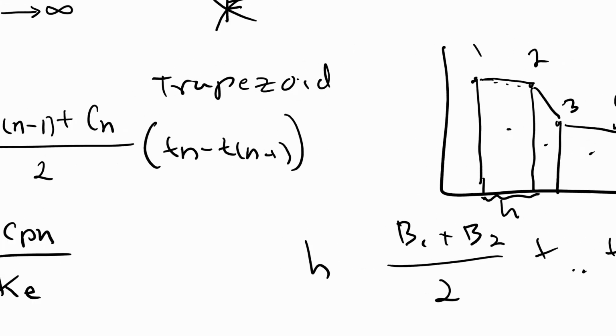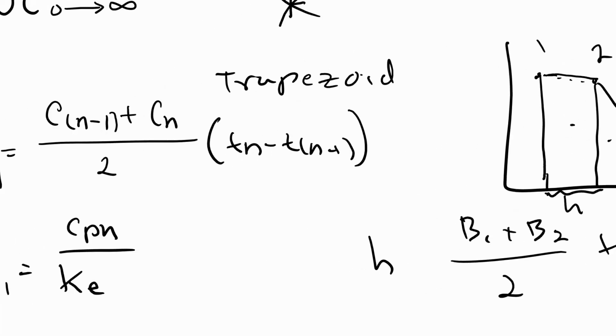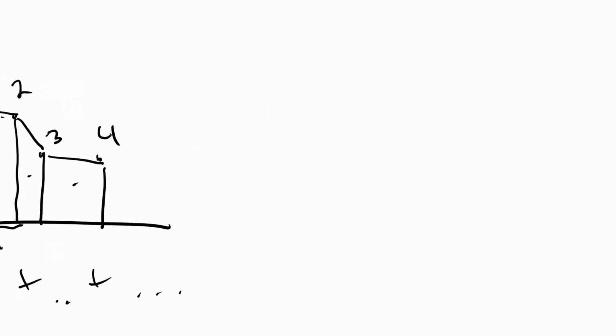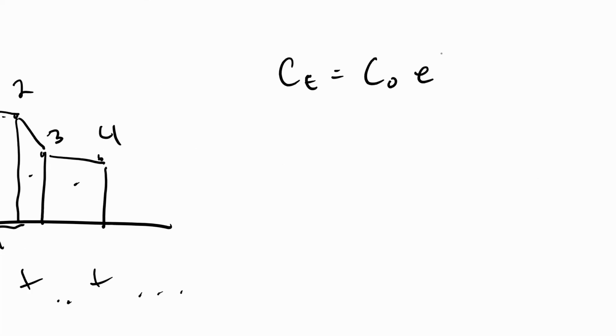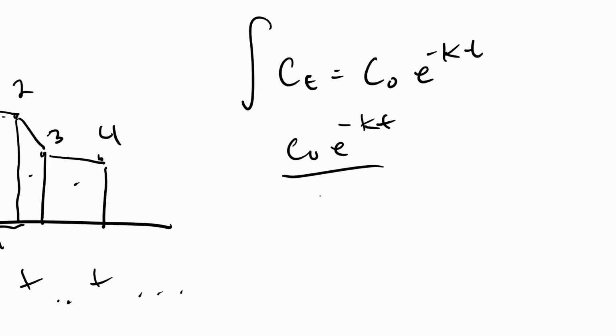But if you want to really know how they came to this equation, you start with C(t) equals C0 e to the negative kt, and you take the integral of it. Pretty much in short, the integral of this will be C0 e to the negative kt over negative k, and then you take the integral from 0 to infinity.